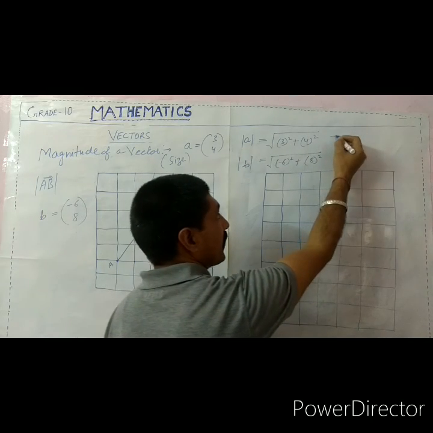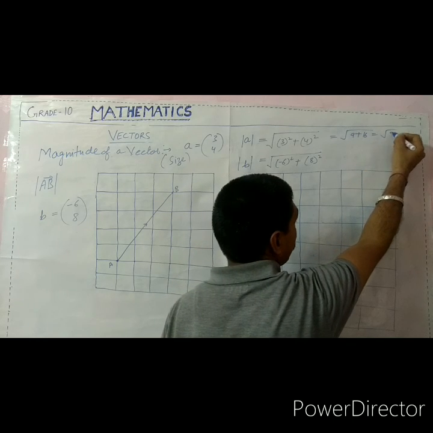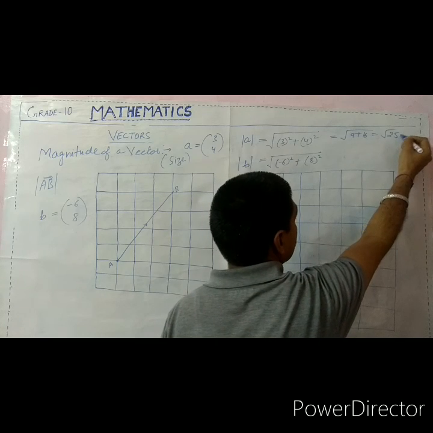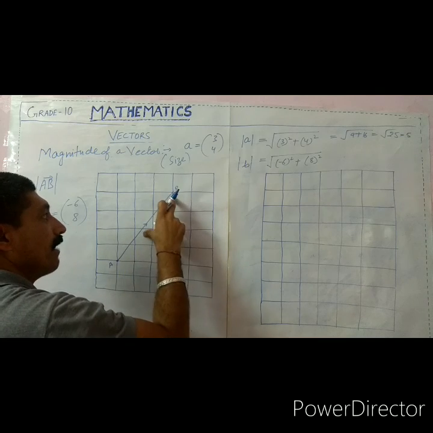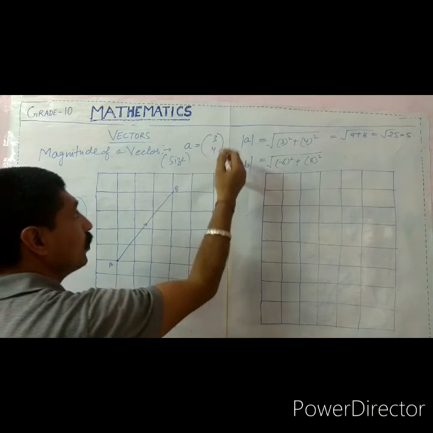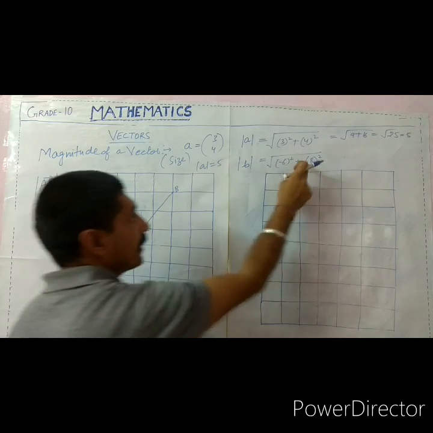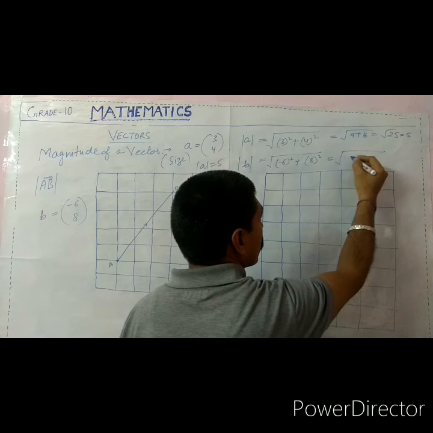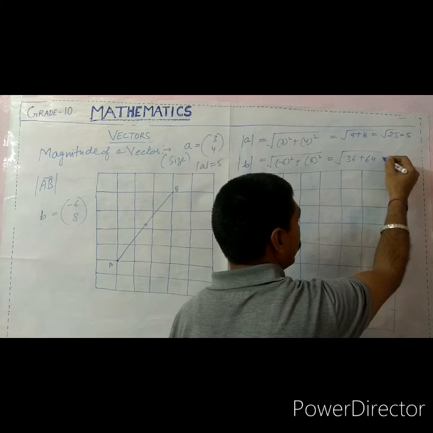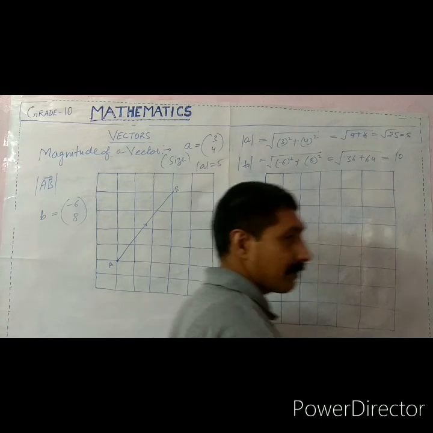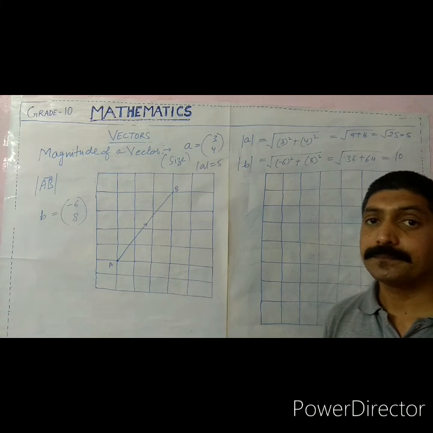For A, it was 9 plus 16, which is the square root of 25, which is 5. So the magnitude of A is 5 units. And the magnitude of B is 36 plus 64, which is 100, and the square root of 100 is 10. So the magnitude of vector B is 10.